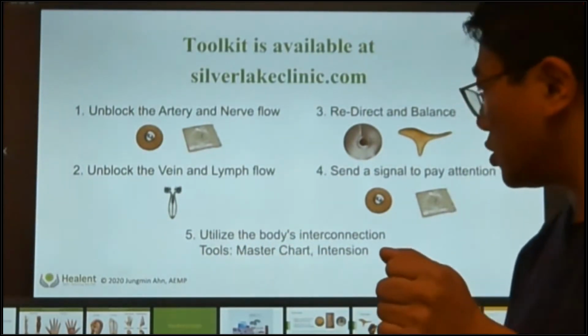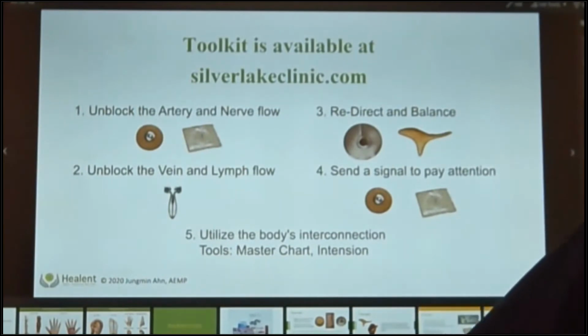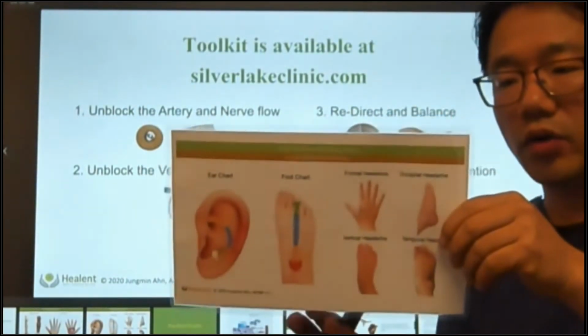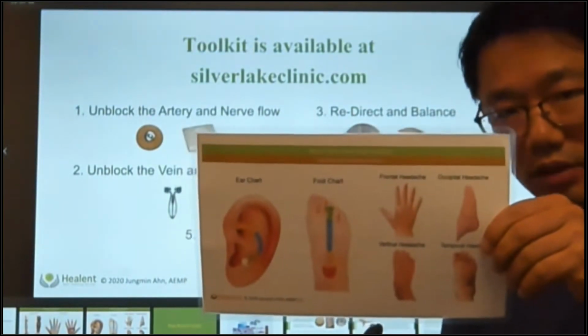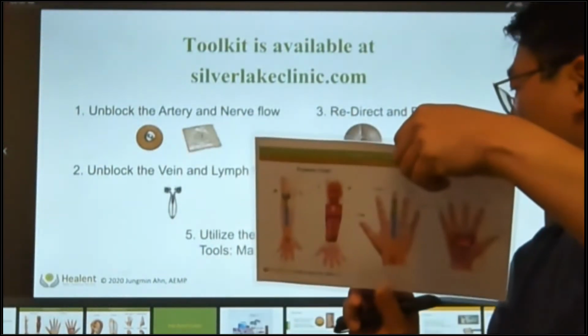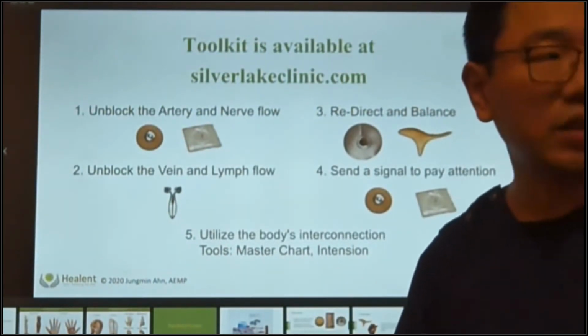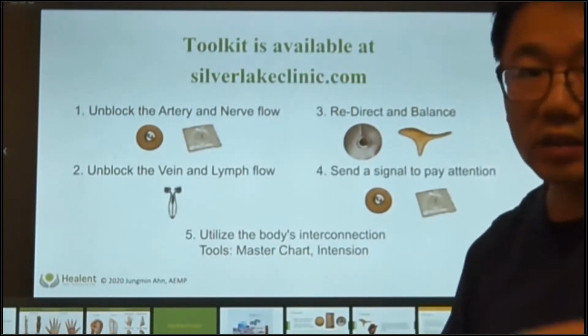You have a master chart like this, so that you can find where you can put the stimulation and intention. I'm gonna teach you how to do intention in section 2.